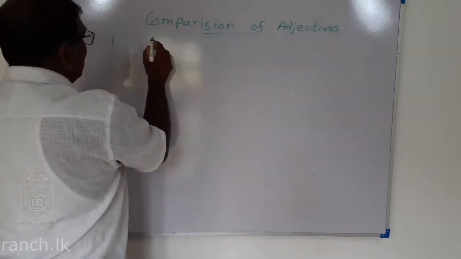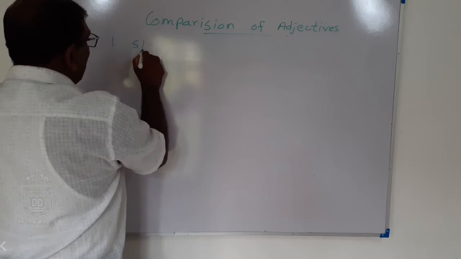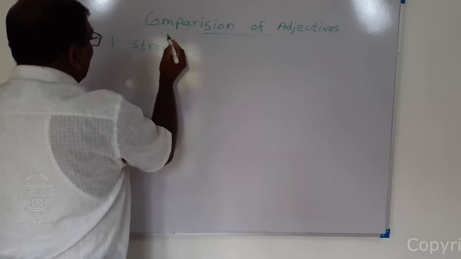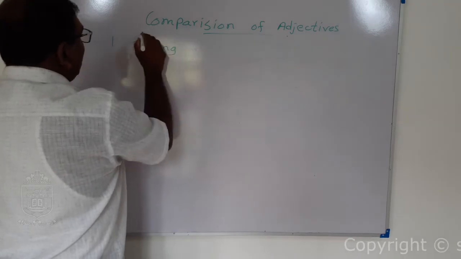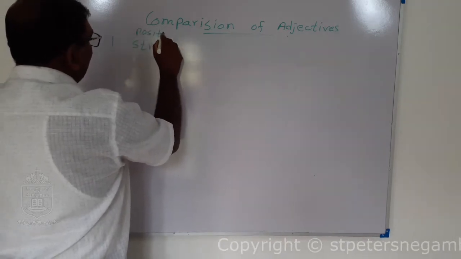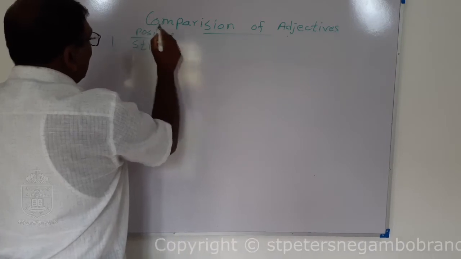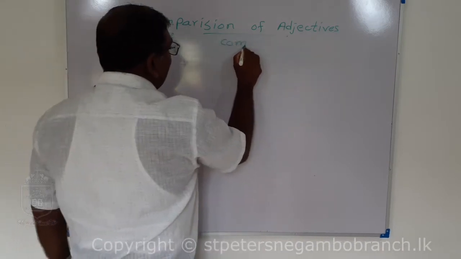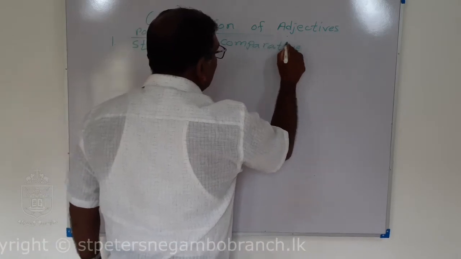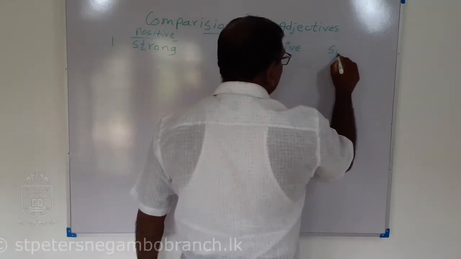Now first step, we can see strong. First adjective. So we can divide into 3 degrees: positive, comparative, and the last is superlative.